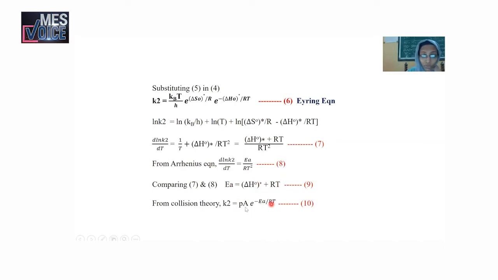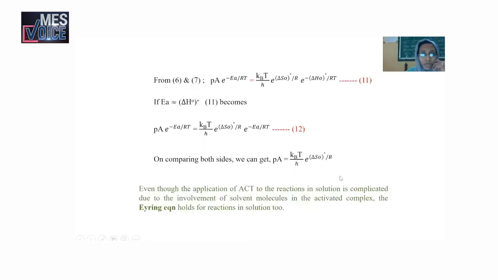Then also from the collision theory, explained in the previous class, K2 is equal to PA e raised to minus EA by RT. From equations 6 and 7, PA e raised to minus EA by RT is equal to KBT by h e raised to delta S0 star by R into e raised to minus delta H0 star divided by RT.